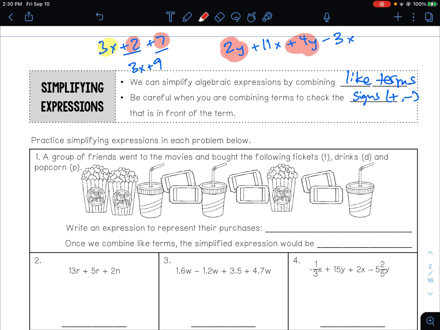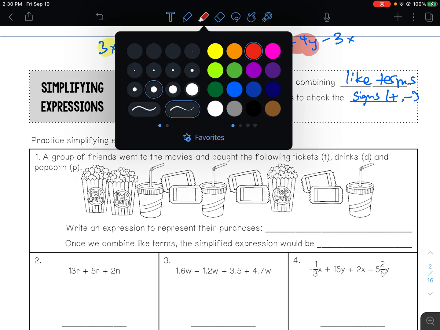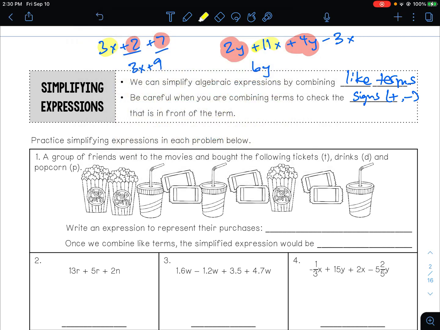So let's combine those two. 2y, which is positive, and 4y, which is positive. Well, that just equals 6y. And then we've got positive 11x and minus 3x. Those are both x terms, so we can combine them. 11 minus 3 is 8. So it would be plus 8x. 6y plus 8x. So that's what we mean by combining like terms.